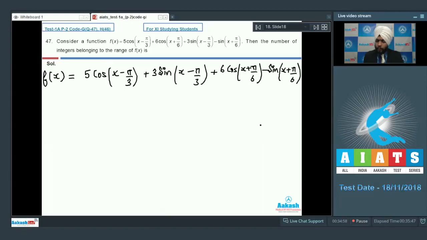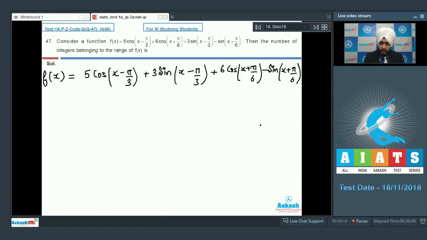Students, obviously we have two different arguments, x minus pi by 3 and x plus pi by 6, which are depending on the same variable, that is x. So we cannot directly apply the formula here. We have to first reduce it into a suitable form where we can apply the formula.